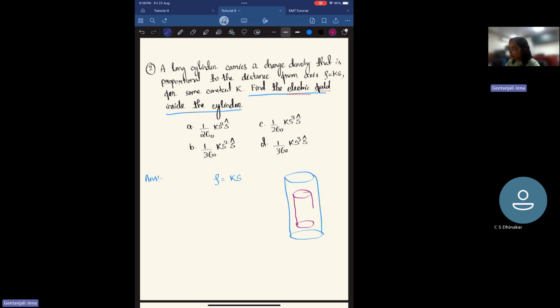The Gaussian surface will be symmetric to the system we are considering. So for a cylinder, we can take a cylinder as a Gaussian surface. Let us say this length is L and the radius is S. And the electric field is in this direction.